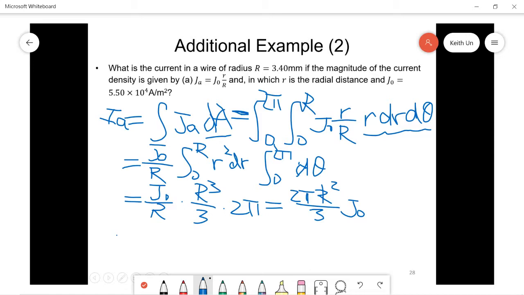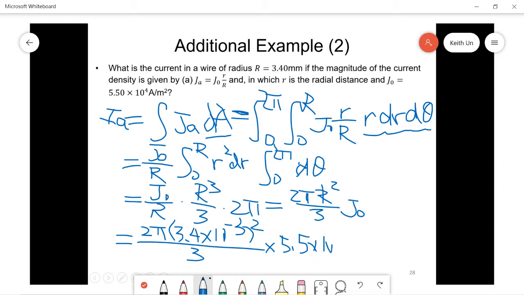So we substitute all the numbers into it: 2 pi times (3.4 times 10 to the minus 3) squared over 3 times 5.5 times 10 to the 4. So the answer is 1.33 A.